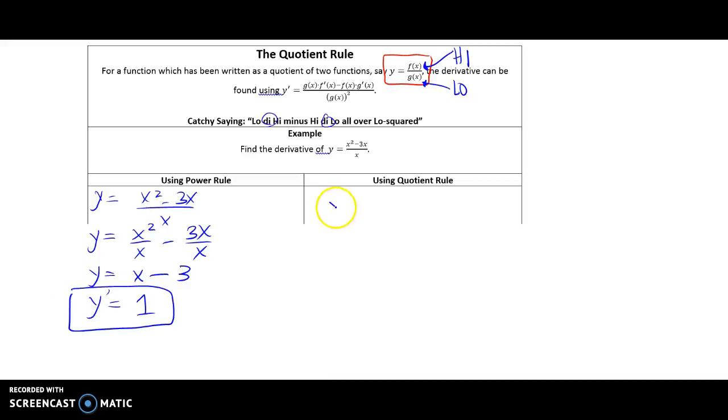The new way of doing things requires no algebraic simplification. Instead, we either in our head or on our paper identify what's on top as the high function, and what's on bottom as the low function. And then we can apply our rule.